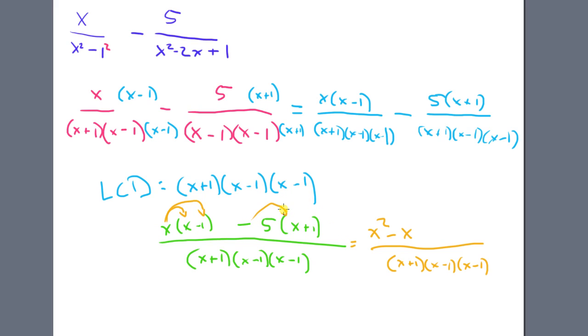Here I'm going to distribute the negative 5, which will give me minus 5x, because negative 5 times x is negative 5x, and negative 5 times 1 is negative 5. And then all I have to do is combine like terms, which will give me an x squared, negative x minus 5x is negative 6x, minus 5, all over x plus 1, x minus 1, x minus 1.